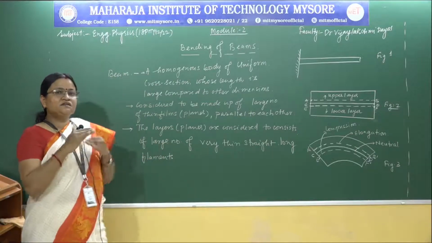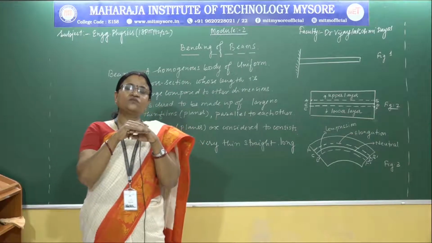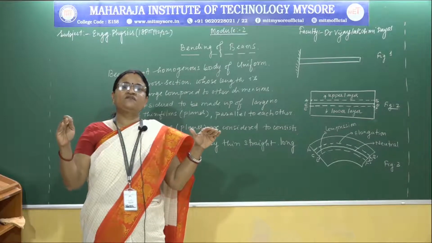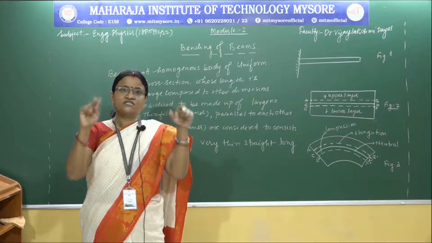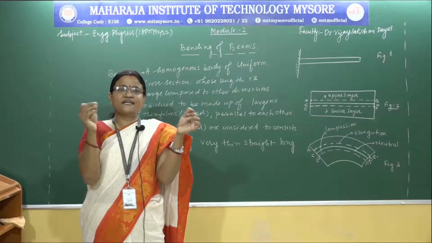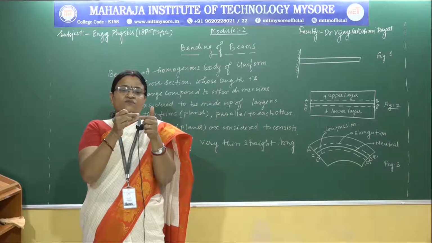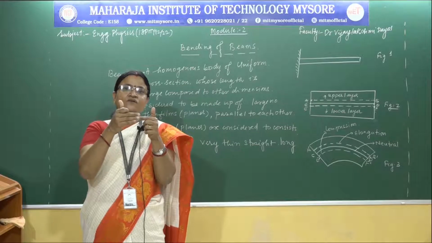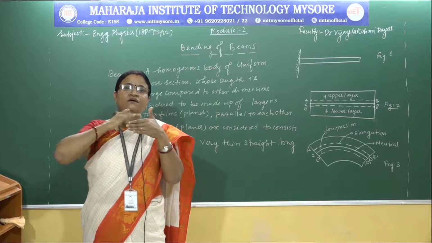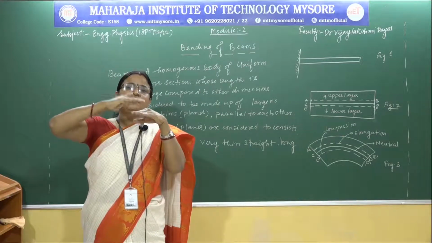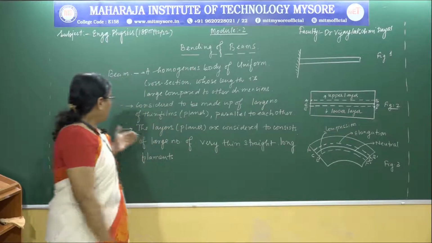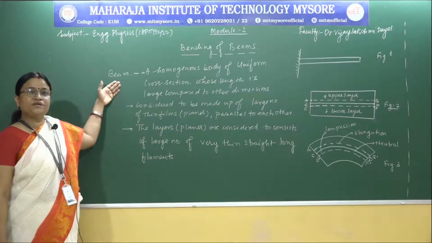Now if we consider one such plane, we can assume that the plane is made up of long straight thin filaments. If you take threads of the same length and place them very close to each other, what can you make? A plane. And if you place similar planes over each other, you can make a beam.